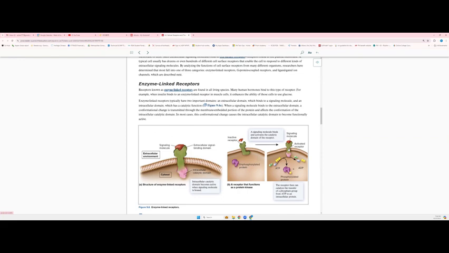So after it's activated, the receptor works as an enzyme to catalyze this reaction: ATP becomes ADP, and the protein becomes a phosphorylated protein. That's why it's called an enzyme-linked receptor: after it binds to the ligand, the conformation changes, and the receptor works as an enzyme.